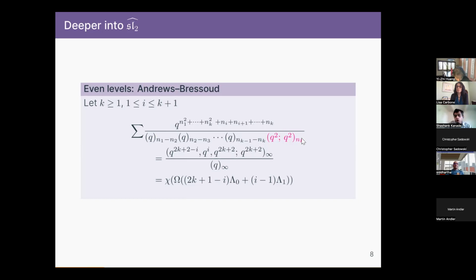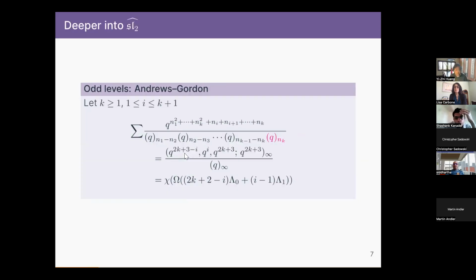And so what you can do is you can ask what happens if I take this k to infinity. Okay, so k is related to the level, right? The level is roughly 2k plus 1 or 2k. So you can take this level to infinity. And well, what's going to happen on the right-hand side is that when you take k to infinity, q raised to infinity is 0 in the q-adic topology or whatever.